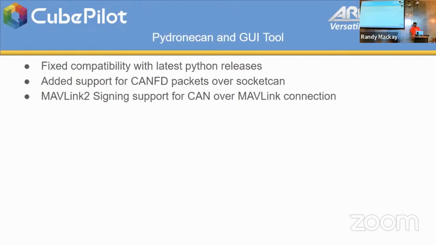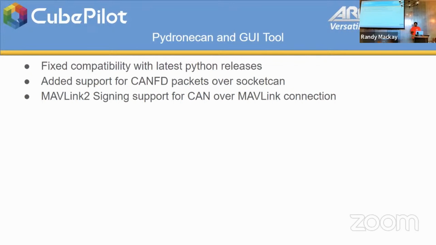A few improvements to PyDroneCAN and GUI tool as well. We have fixed all the Python version issues that we had. We had build fails and all sorts of weird stuff happening with the newer Python versions. So that all has been fixed. And we have added support for CAN-FD in SocketCAN, which allows you to do testing in Linux systems with ArduPilot running on SITL.